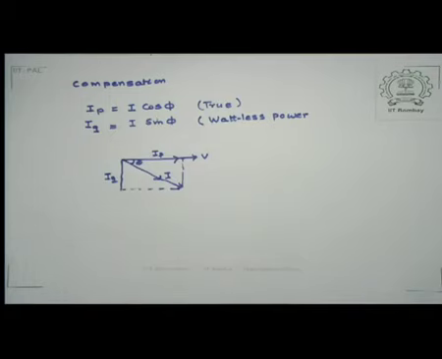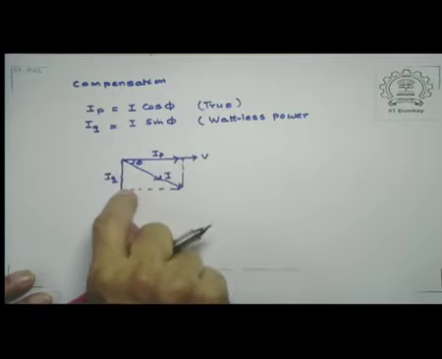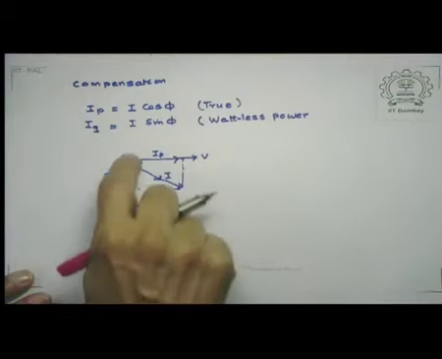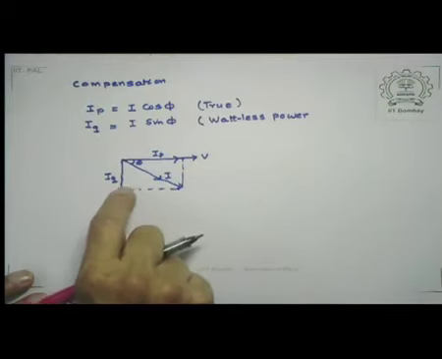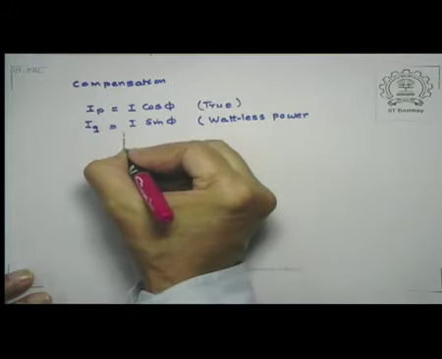How this is done is to provide another element which will give me a reactive component in the opposite direction. As we recall, the capacitive reactance and the inductive reactance are aligned but oppositely. So the simplest way of cancelling this would be to supply a capacitive component which exactly cancels this.